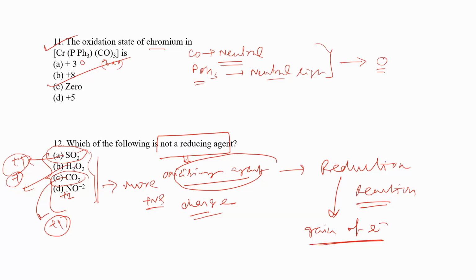SO2 is going to act as a reducing agent, but carbon dioxide can go to some reduced form of carbon, while in the case of SO2 there is no other reduced form. That's why carbon dioxide is the answer here. It is not a reducing agent, it is actually an oxidizing agent.